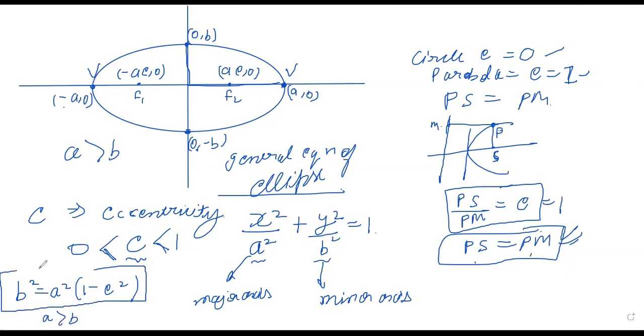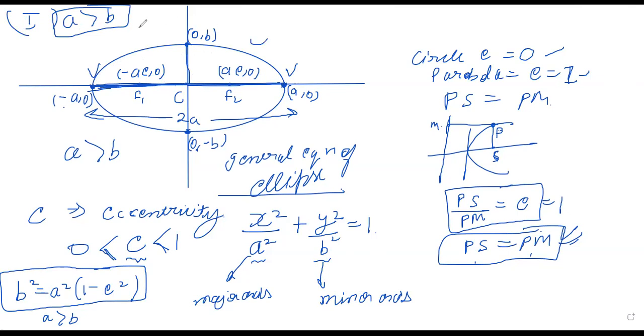Let's say this distance from center to vertex is a, and this is also a. So the total distance from this point to this point will be 2a. This ellipse is for when a is greater than b.